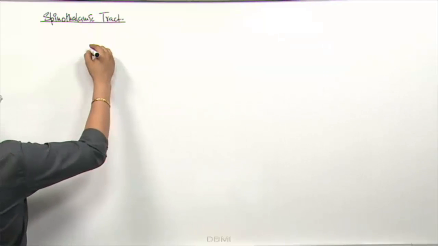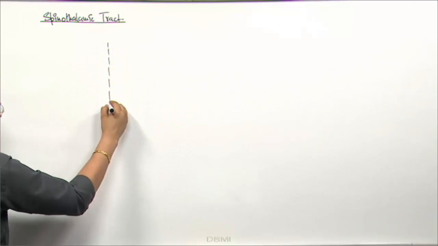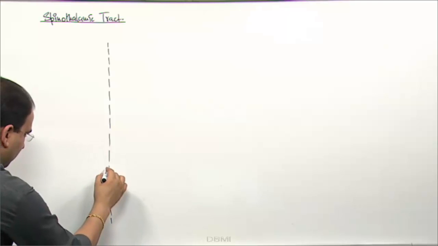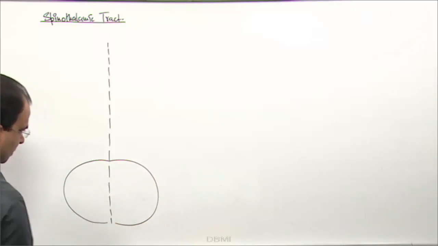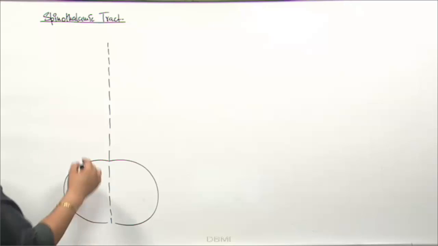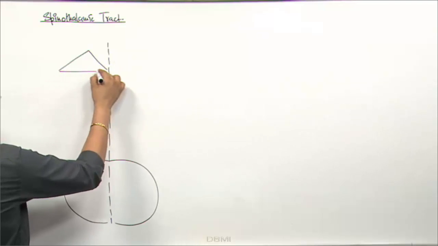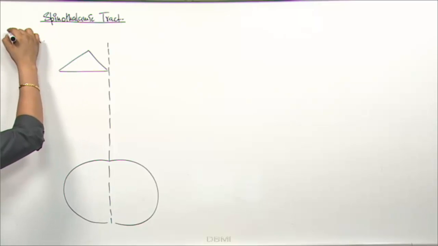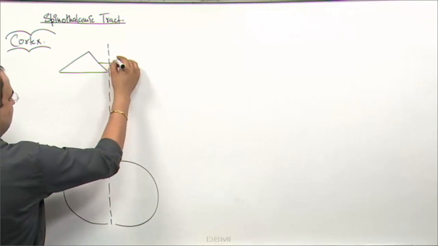So let me take some landmarks first, that if let's say this is the midline here, there we have the spinal cord, they have to reach the thalamus, and finally the cortex. The cerebral cortex. This is thalamus.